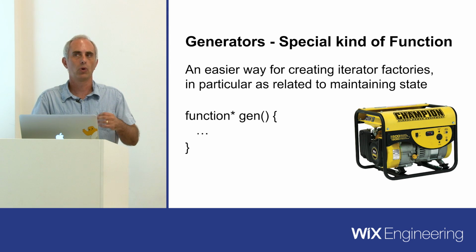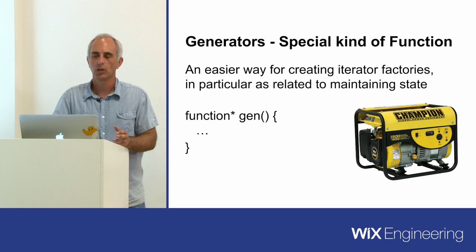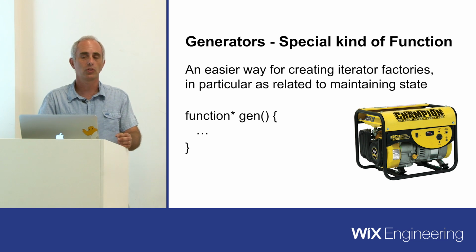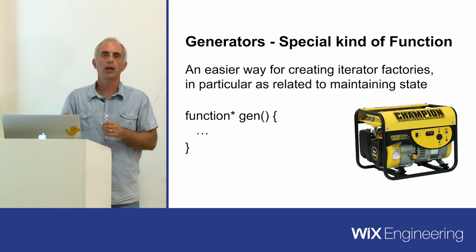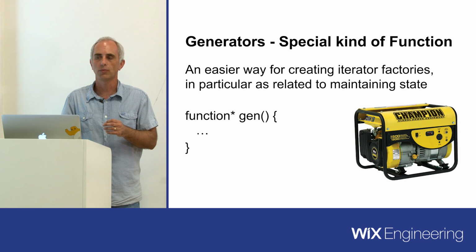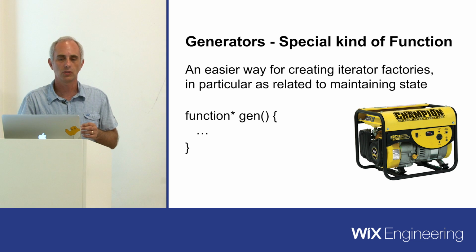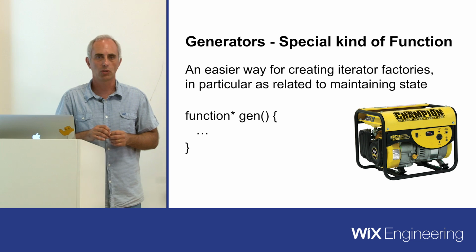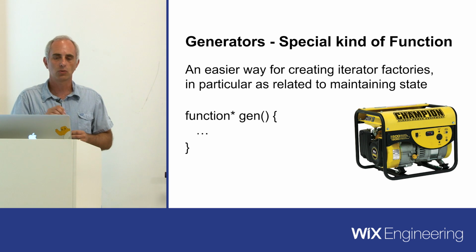As a way to address this problem, ES6 introduces the concept of generators. Generators are kind of like functions. You can think about them as a special kind of functions. You actually use the function keyword when you create a new generator, but instead of just the word function, you actually put function star.